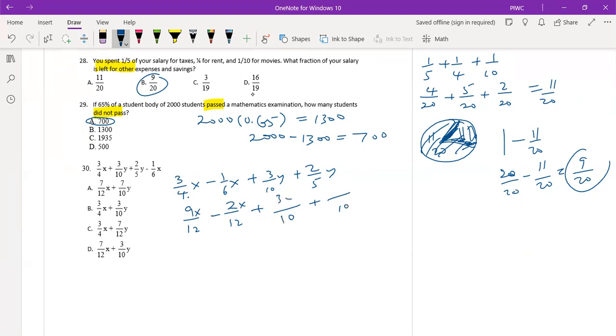So this is 3y. 5 times 2 to get 10, so I multiply this by 2, so that's 4y. Okay, so we end up with 9x minus 2x, that will be 7x over 12 plus 7y over 10. Okay, that will be the answer. So that should be A.